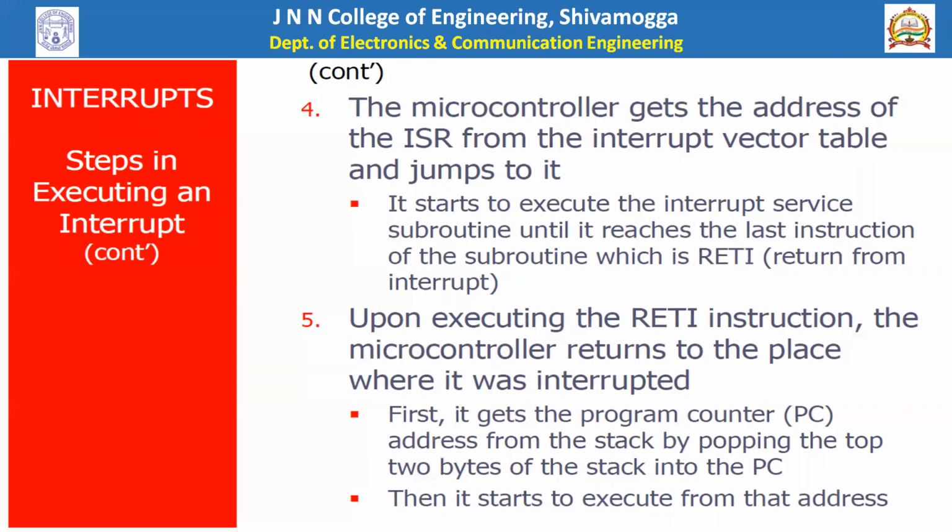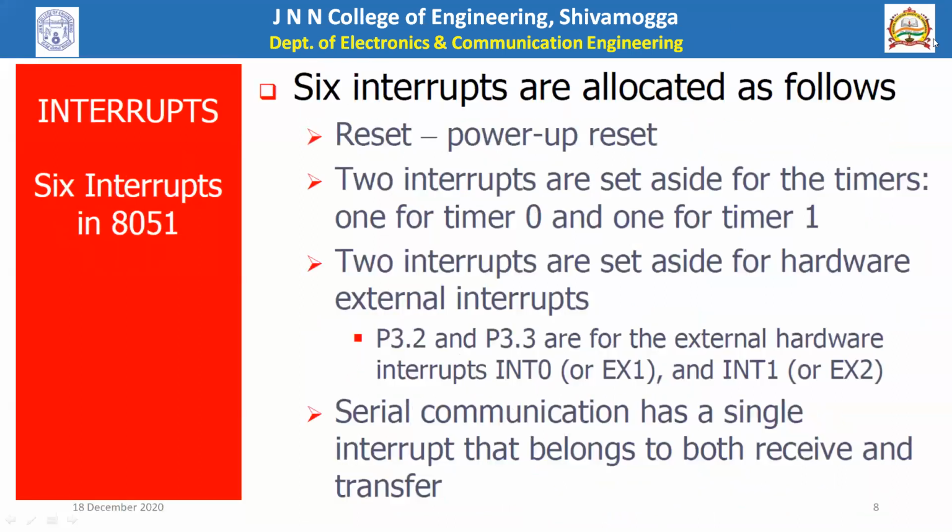Whatever was pushed in the first step, the next instruction address from the program counter, is popped automatically and it resumes the execution of the main program where it was interrupted. So these are the steps of executing an interrupt.